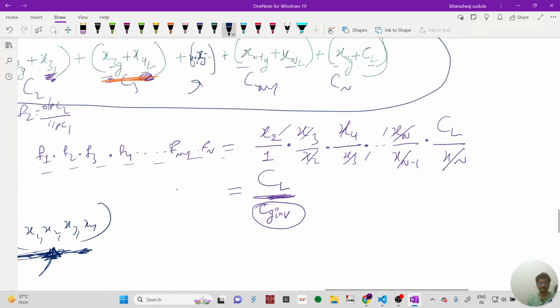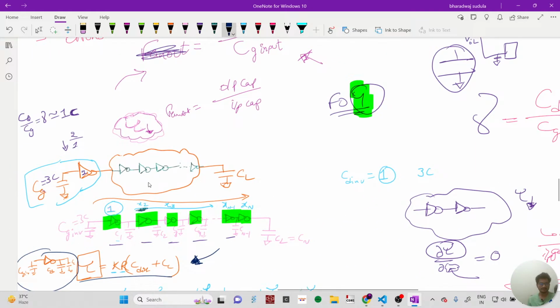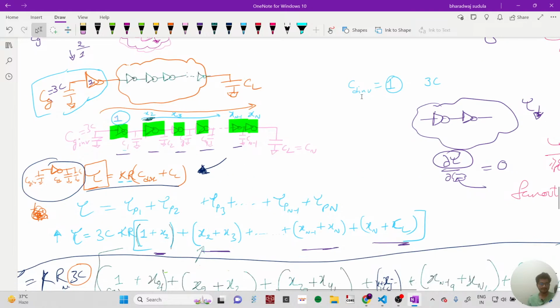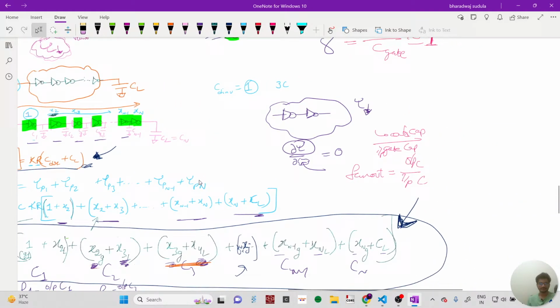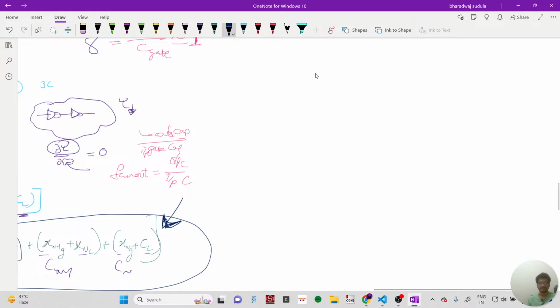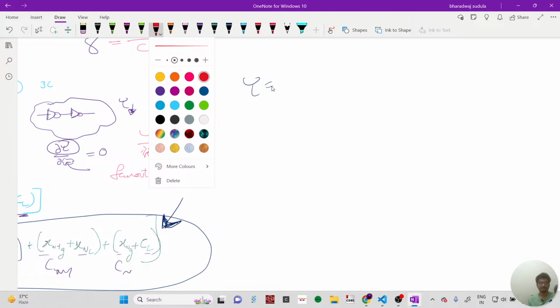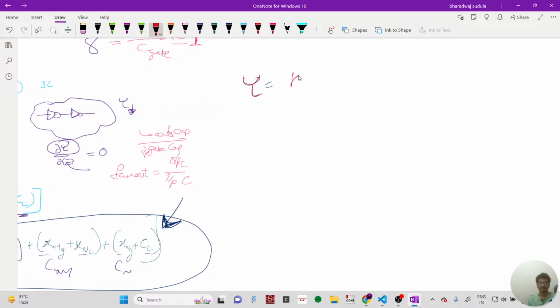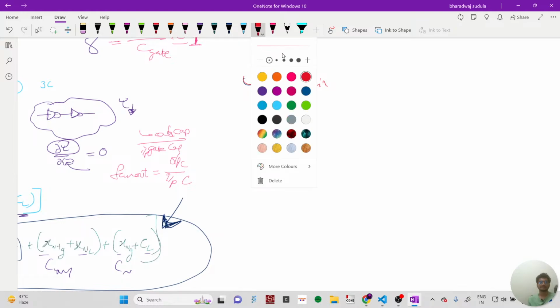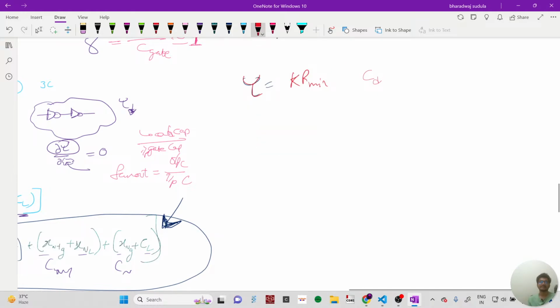We'll do this now. We'll do some manipulation to this equation. Tau is equal to kr min, C diffusion. I'm always saying C diffusion, but there is no contribution of source diffusion, so I should say drain. So C drain plus C load.